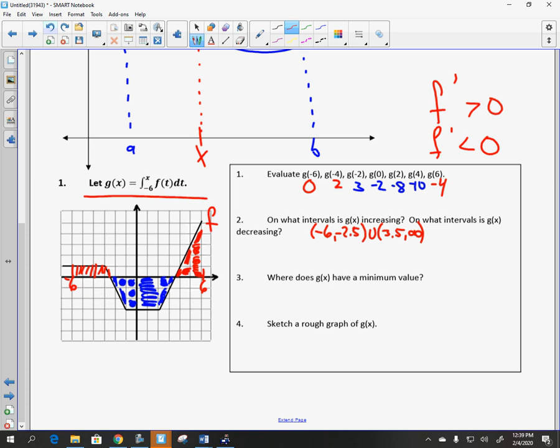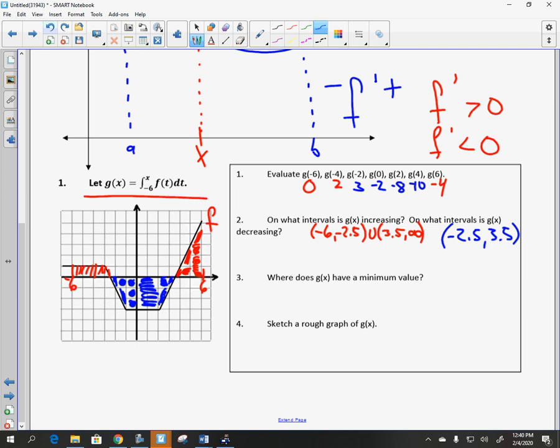What's the derivative of g of x? The function that bounds it. When is this function less than 0? 2.5 to 3.5. Where does g of x have a minimum? Hey, do you remember when we talked about things having local mins and local maxes? When did the local min occur? When f prime was changing from negative to positive.